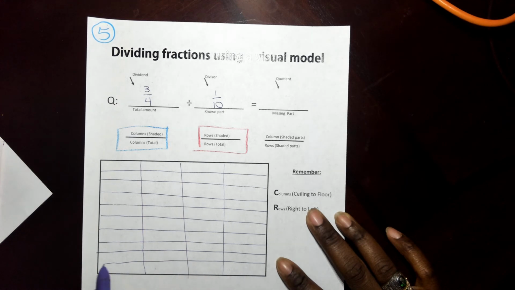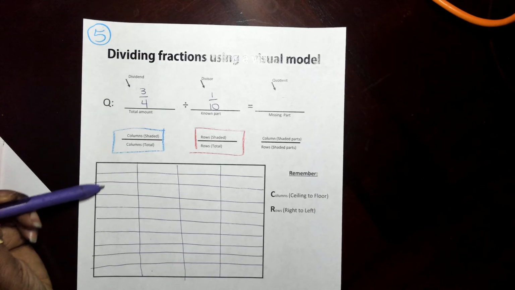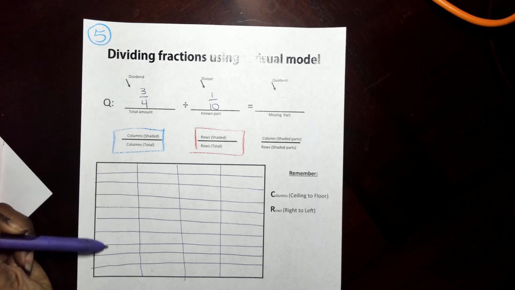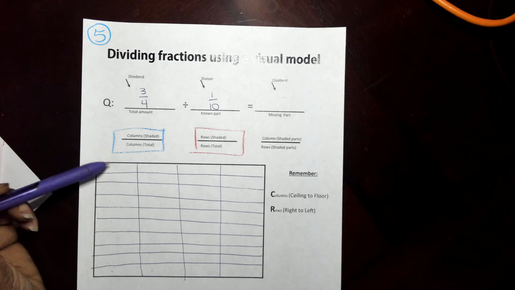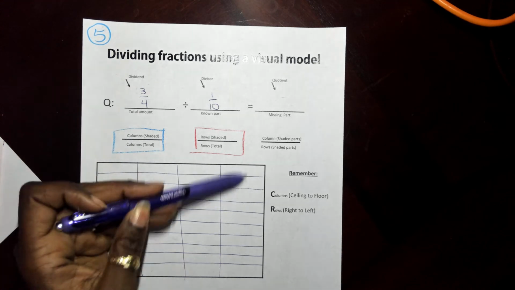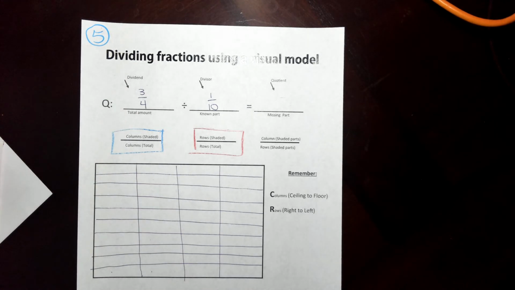So we should have 10 rows: 1, 2, 3, 4, 5, 6, 7, 8, 9, 10 rows. And we should have a total of 4 columns: 1, 2, 3, 4. All right, now we're ready to start shading in.